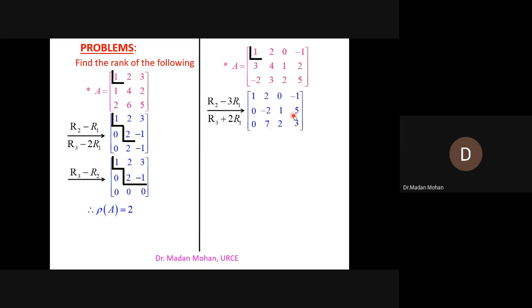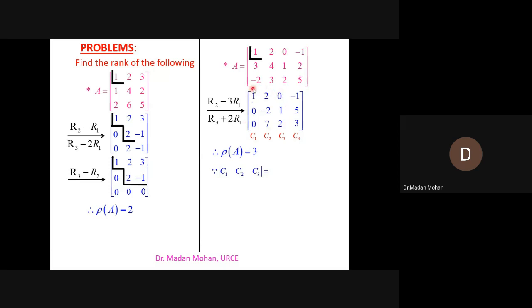Using the rank definition, I am taking a third order minor. This third order minor, the first three. If you use these three, C1, C2, C3, when you select, its determinant is, what is the determinant of this one, please tell me?